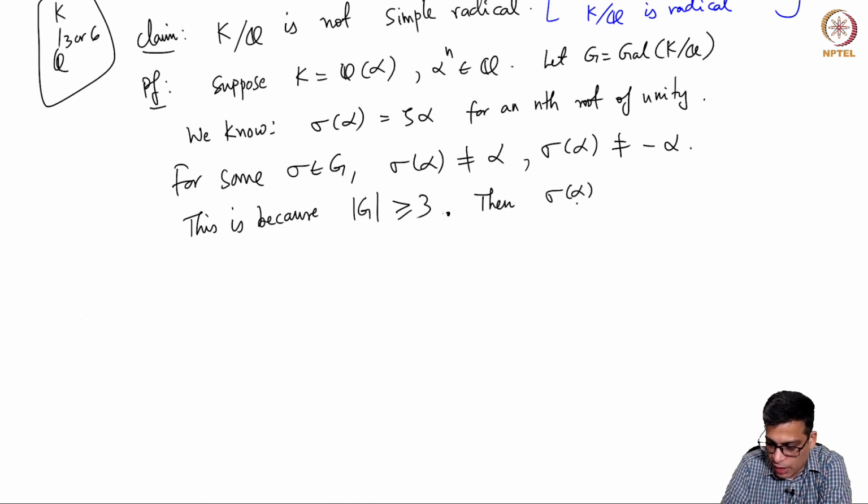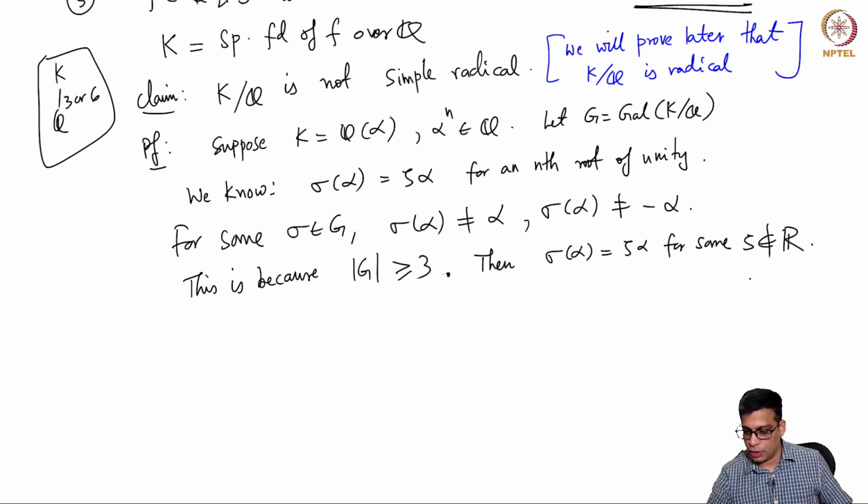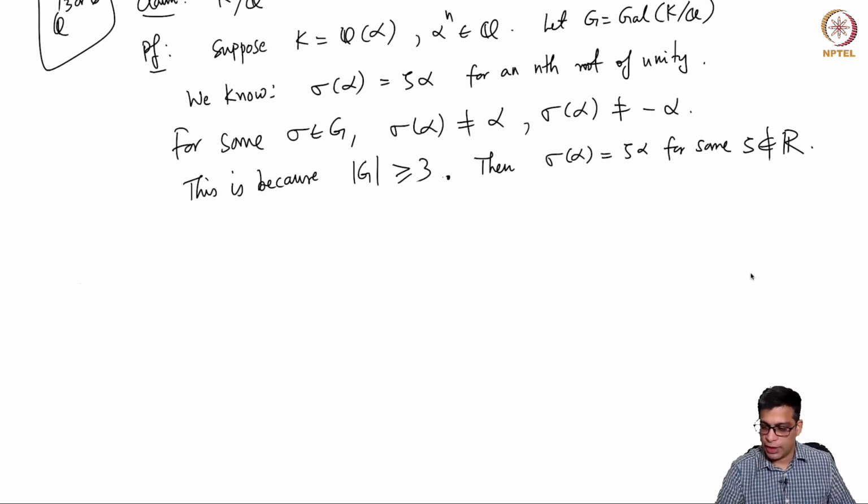Then sigma alpha will be zeta alpha for some root of unity which is not in R, because the only roots of unity that are in R are 1 and minus 1. So you are forced to have a different one.